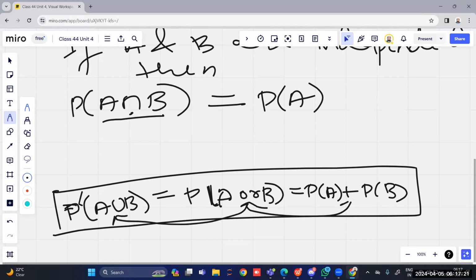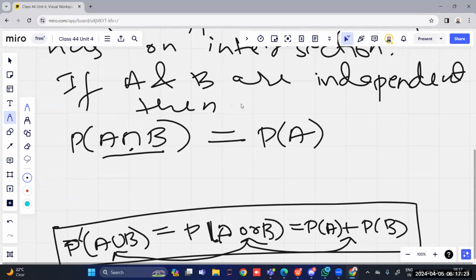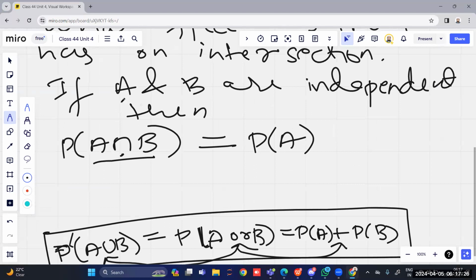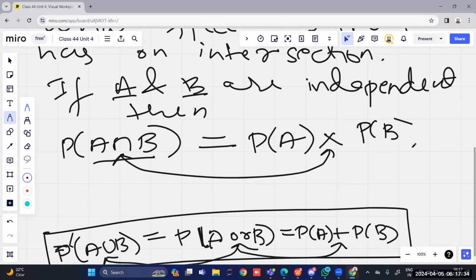Likewise, if A and B are independent, then we can make the intersection sign a multiplication. We can write it as probability of A into probability of B. But A and B must be independent.